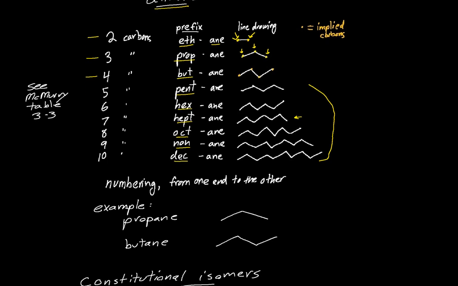Numbering is a big part of nomenclature. So, for example, the molecule propane would be numbered from one end to the other, simply 1, 2, 3. We're numbering the carbons.